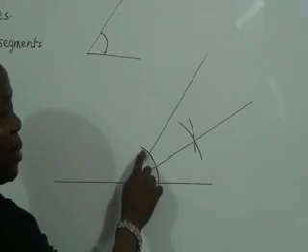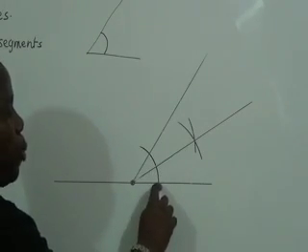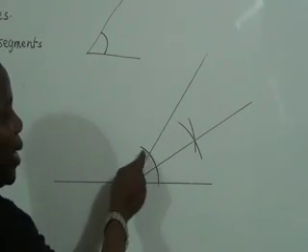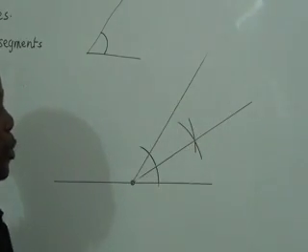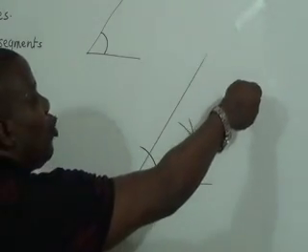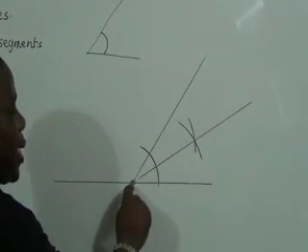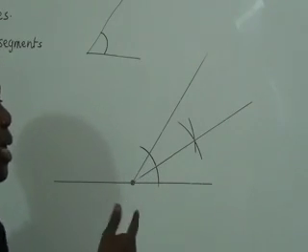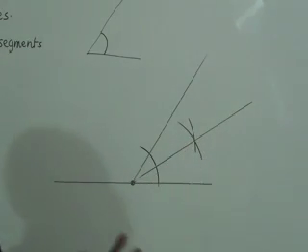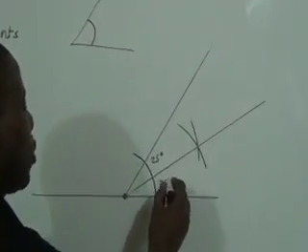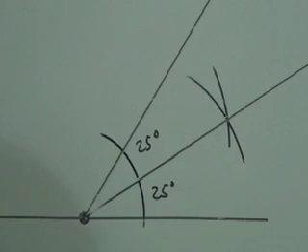So we put our needle end here, and then drew an arc, and then we came to the other side and also drew an arc. So we saw a point of intersection, and then we drew a line. We joined the 2 points together, that's the origin and the point of intersection. We drew a line through that, and when we measured this line, it was 25 degrees. This is 25 degrees, and this one also 25 degrees, and the total 50 degrees.